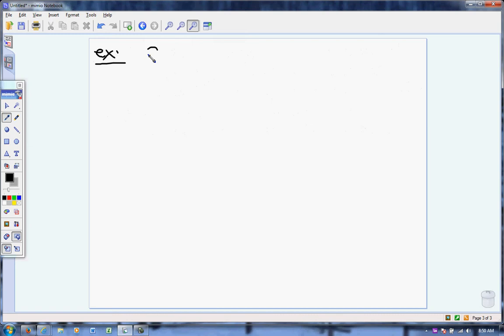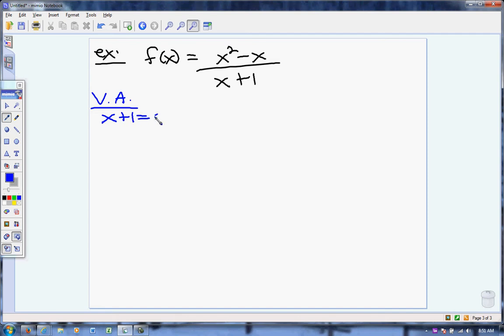Let's say that my function was x squared minus x all over x plus 1. And we wanted to graph this thing. And of course we need to start by finding some asymptotes. The vertical asymptote is going to be easy, right? We set the denominator equal to 0 and solve it.